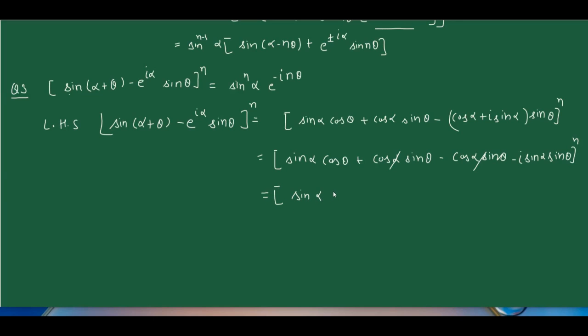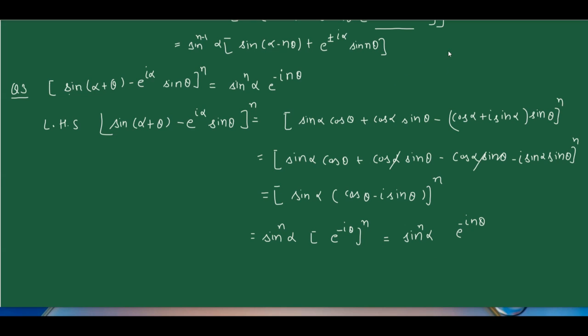Okay, what you are left with, cos theta minus iota sin theta, and this whole raised to power n. So this will be sin n alpha, and the expression in the bracket is e raised to power minus iota theta, and this is raised to power n. So you can write this as sin n alpha e raised to power minus iota n theta. So this completes the solution of this question.